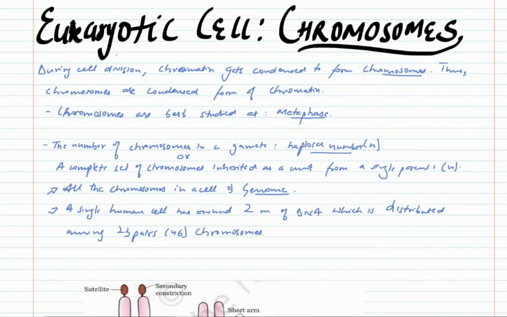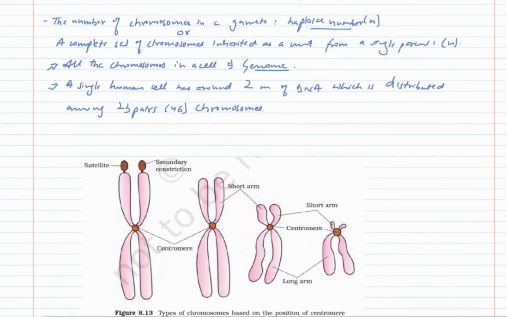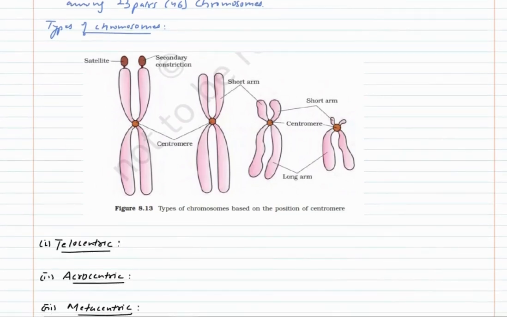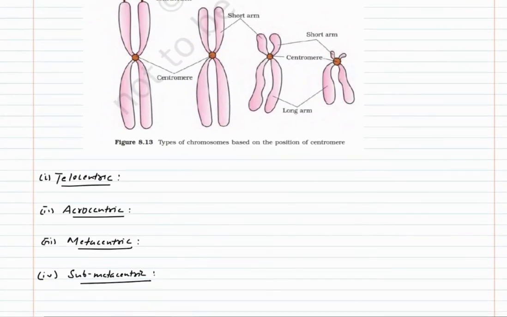Now, talking about the classification or the types of chromosomes based on position of centromere. The constriction which is present in the middle of the chromosome, it is known as a centromere, and based on the position of centromere we have different types of chromosomes. First is a telocentric chromosome, when centromere is terminal and located at the tip of chromosome.